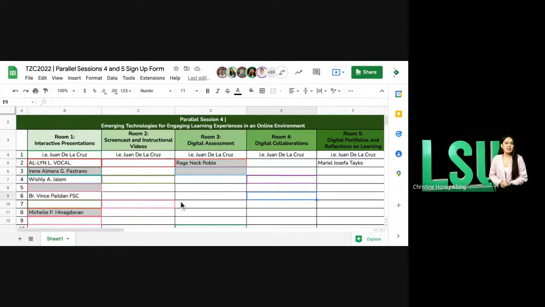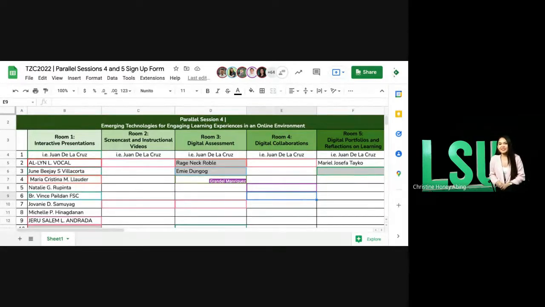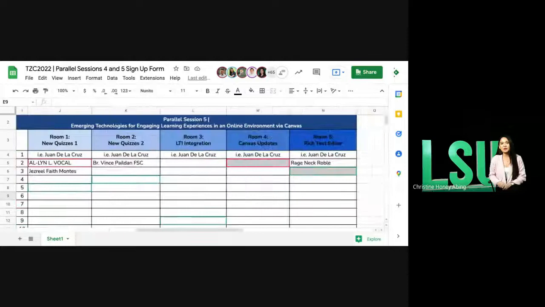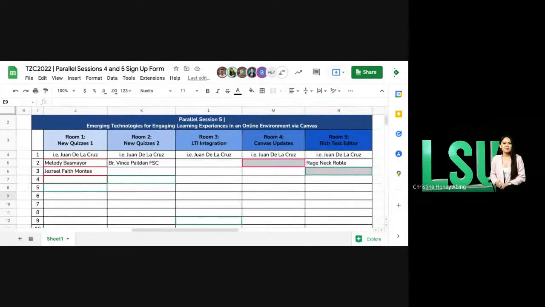I can see Miss Aline Vocal here, who signed up for room 1, Brother Vince Paildan, FSC, for room 1 as well. Rajnek Roble for room 3. Miss Mariel Josefa Taiko signed up for room 5. Miss Emmy Dungog for room 3. And for the parallel session 5, there are also people who have already signed up. Sir Jezreel Montes already signed up for room 1.